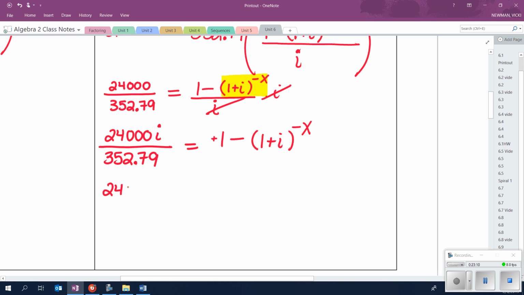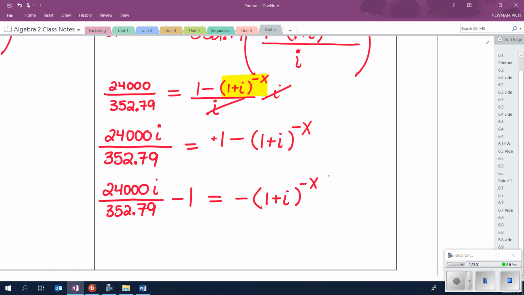So 24,000 times my interest divided by my payment, minus 1, is equal to negative (1 plus I) to the negative X. Are you having fun yet? No. Now what?